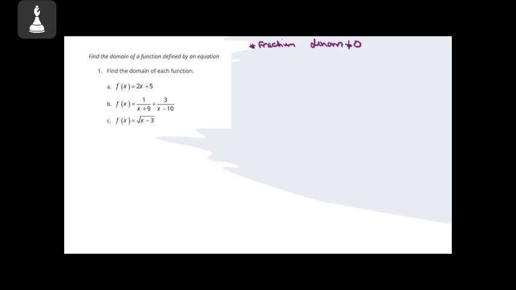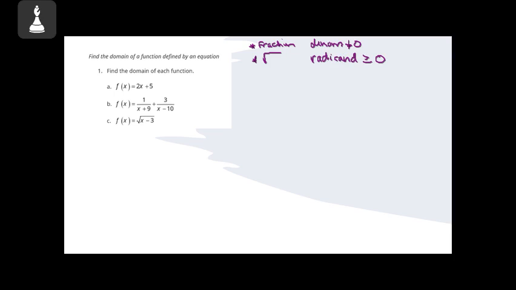So if our function has a fraction and the variables in the denominator, that is going to limit the x values that we can use. The other one is if we're talking about a square root. Okay, with real numbers here, we cannot have a negative under the square root. So what's under the square root is called the radicand. And our radicand must be greater than or equal to 0.